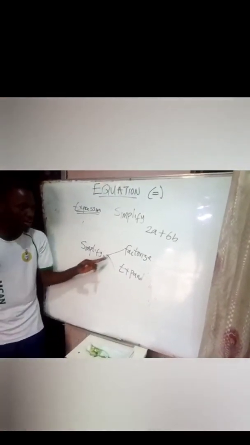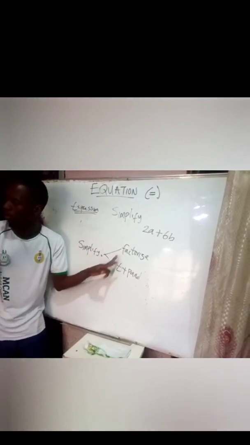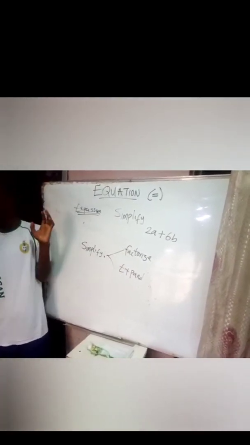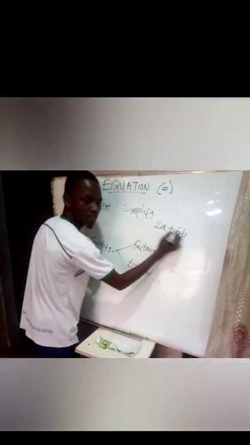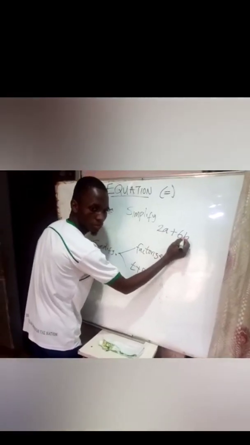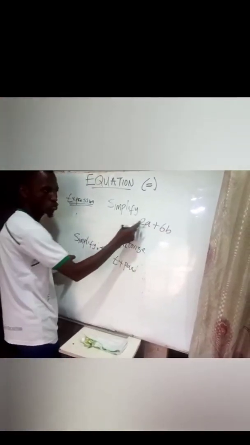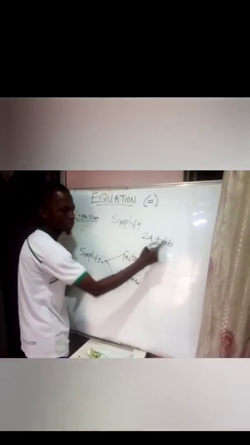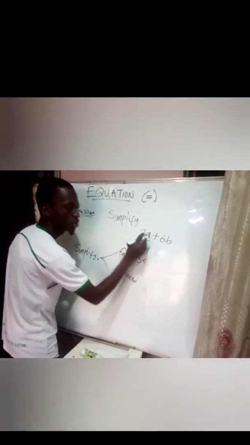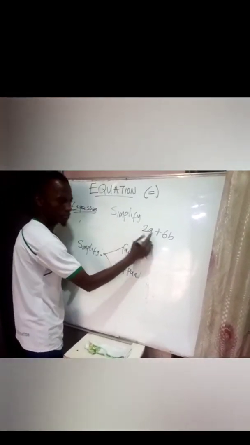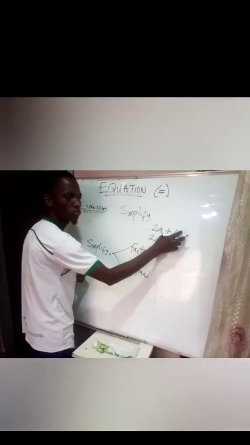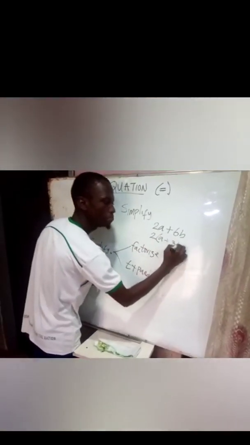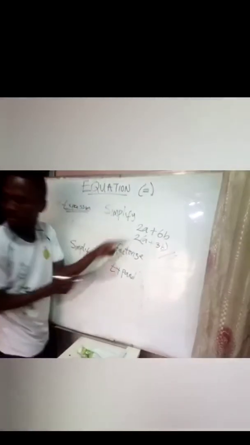If they say simplify, you are either going to factorize or expand, or you are going to do the two together. Now, what is common between the two? 2. 2 can go in 2a and can go in 6b. So if you factorize your 2 out, if you remove 2 from here, you have what? a. You divide 2 from here, you have what? 3b. This is the answer. This is simplify. Do you understand?